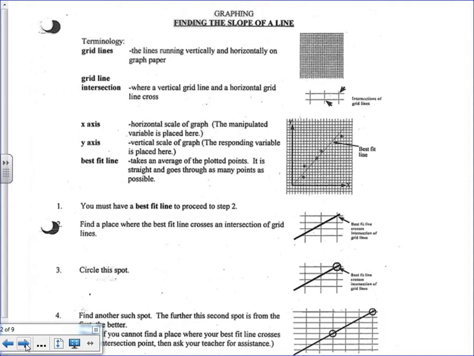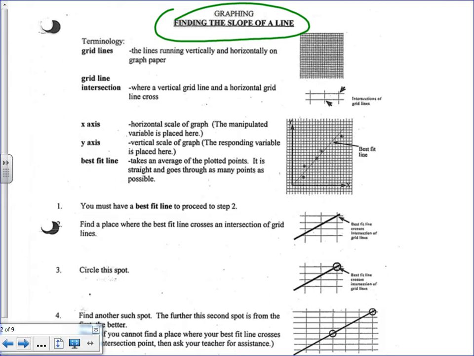Finding the slope of a line is probably one of the most important things you do with a graph, because the slope of your line tells you unequivocally the numerical relationship between the two things that you were investigating.